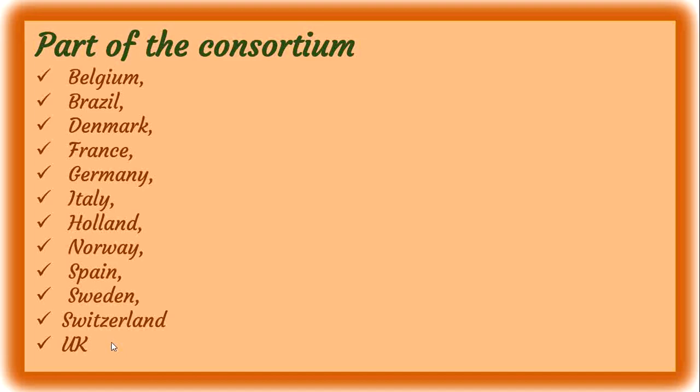In ISS we learnt about the 5 different space agencies: NASA, Roscosmos, ESA, JAXA and CSA, and also the parts of the consortium in ISS. So what are the parts of the consortium in ISS? Name the countries: Belgium, Brazil, Denmark, France, Germany, Italy, Holland, Norway, Spain, Sweden, Switzerland and UK.